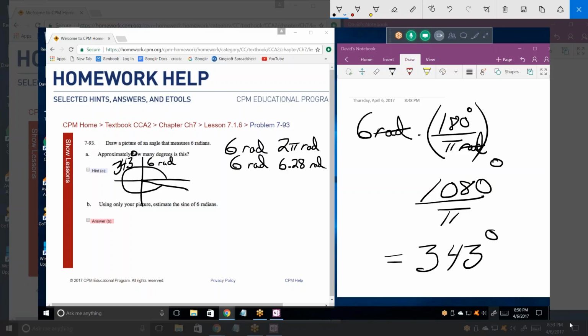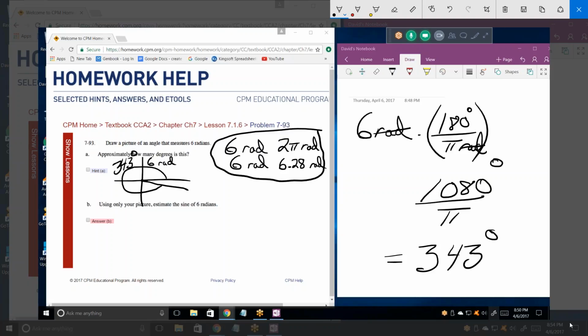Draw a picture of this. Approximately how many degrees is it? I guess I could have converted it to degrees first. I wanted to go through that analysis though, because a lot of people don't get that pi is just a number. So when you say 2 pi radians, they don't know what that converts to. But remember, pi is 3.14.